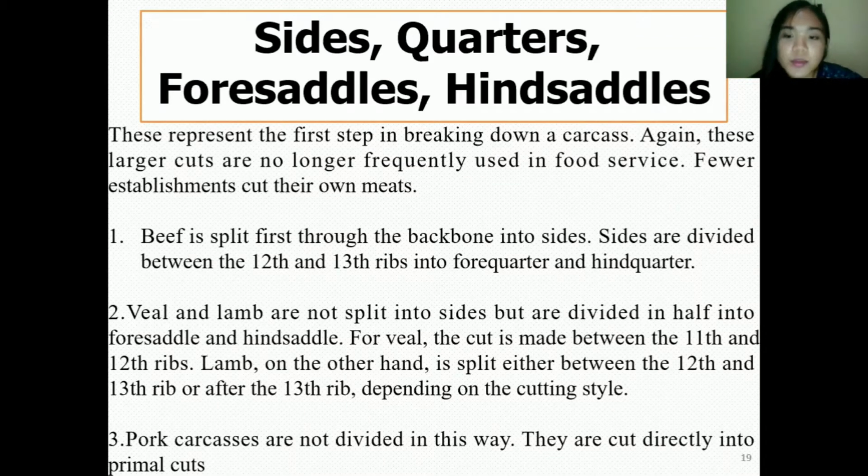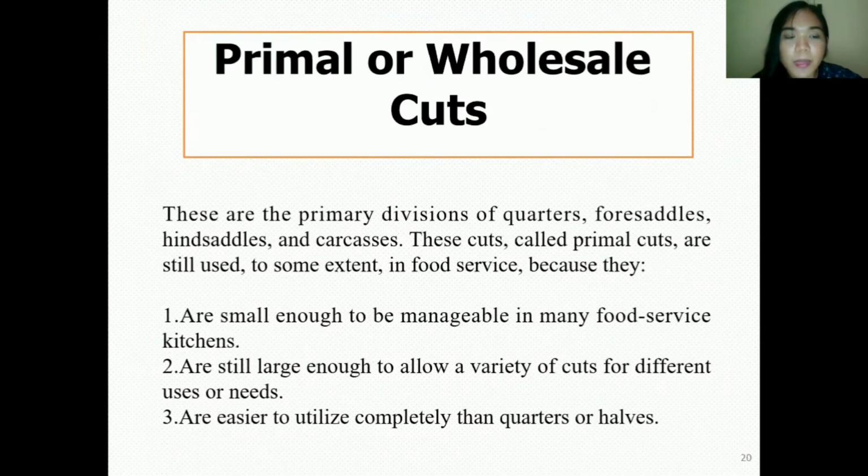For veal, the cut is made between the 11th and 12th ribs. Lamb, on the other hand, is split either between the 12th and 13th rib or after the 13th rib, depending on the cutting style. Third, pork carcasses are not divided in this way. They are cut directly into the primal cuts.